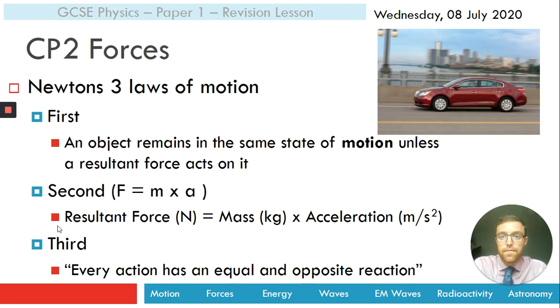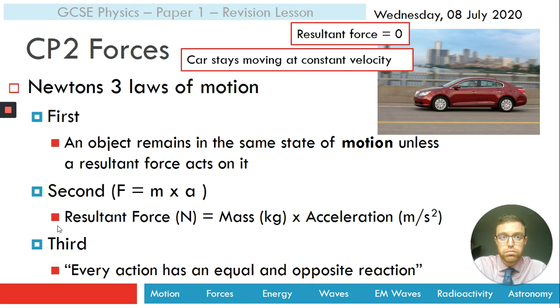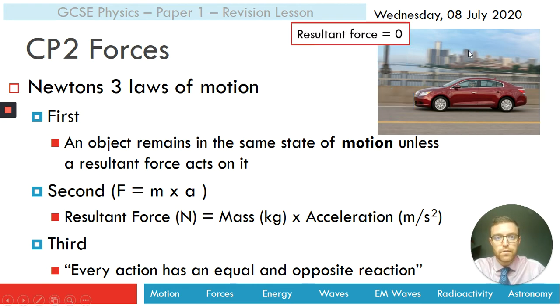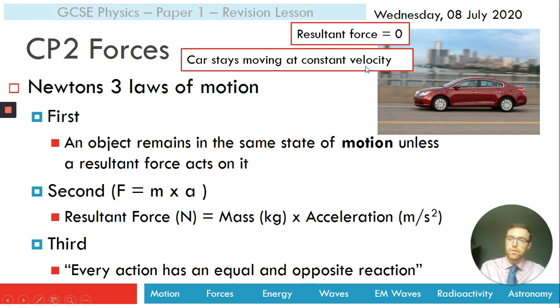Okay, forces then. We should have another arrow pointing up, and then we have a resultant force of 0, so the car stays at constant velocity. So CP2 forces, the only things that we dealt with, we had that 1 lesson on forces, so these are the only things that can come up on forces on the mock that I'm going to set.